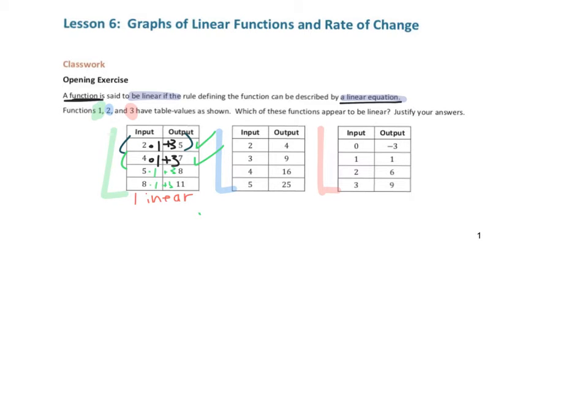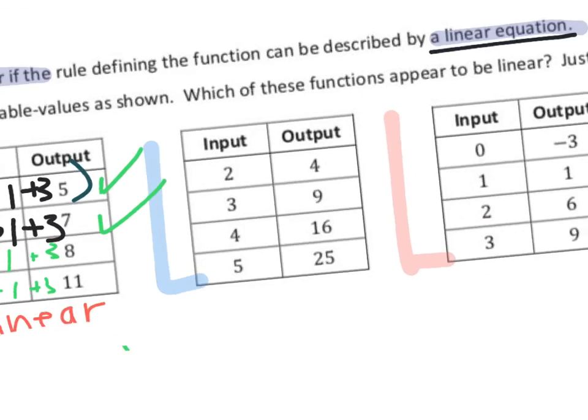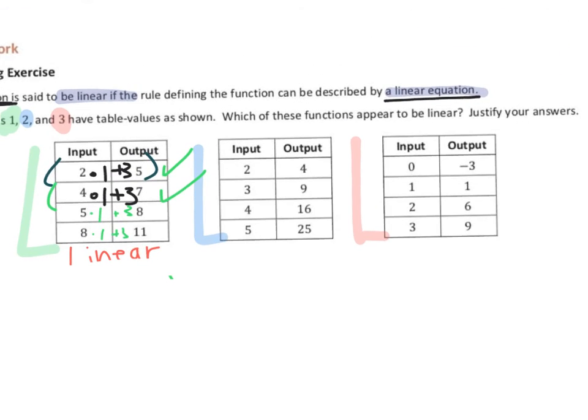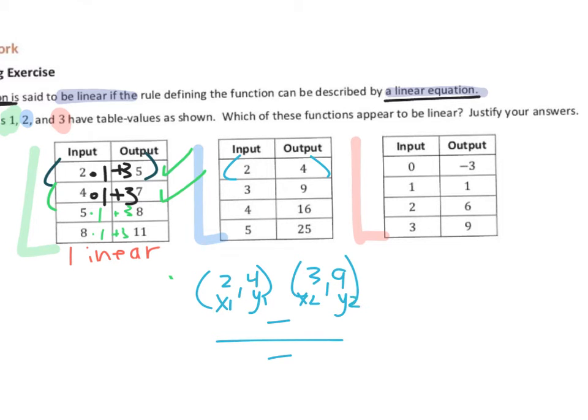All right, same process here on input-output table 2. I'm going to grab two ordered pairs. So we have 2, 4, and we have 3, 9. Go a little faster through this one. I guess I should label x1, y1, x2, y2. So y2 is 9 minus 4 over 3 minus 2.